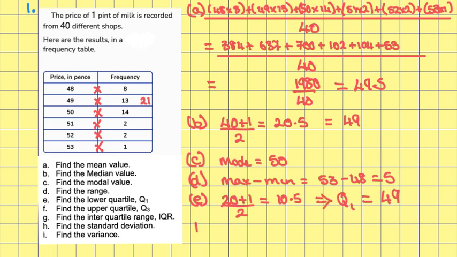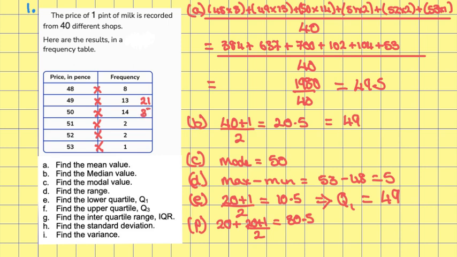F, the upper quartile, well, that's the median of the top half of the data set. So that can be found by adding 20 to 20 plus 1 divided by 2, which comes to 30.5. So I want the 30th and the 31st piece of data.